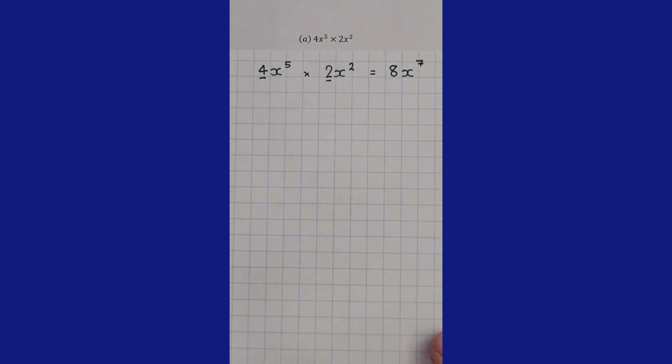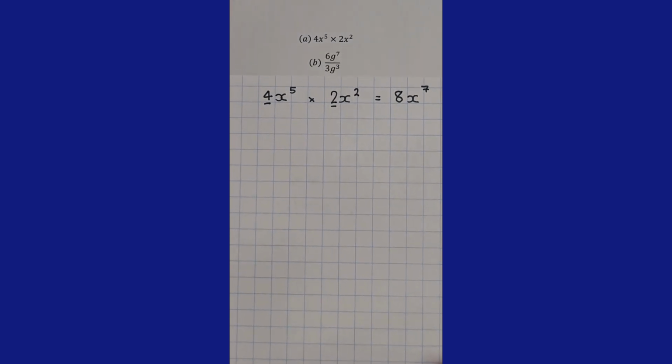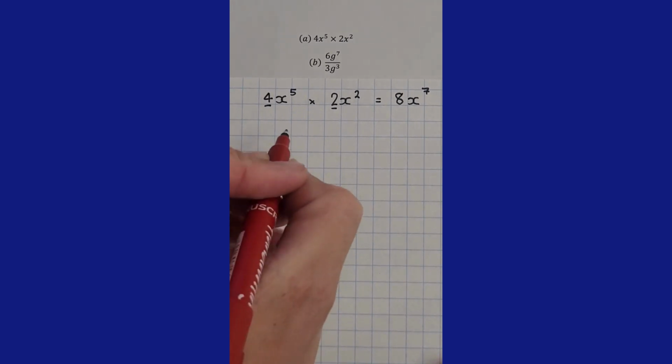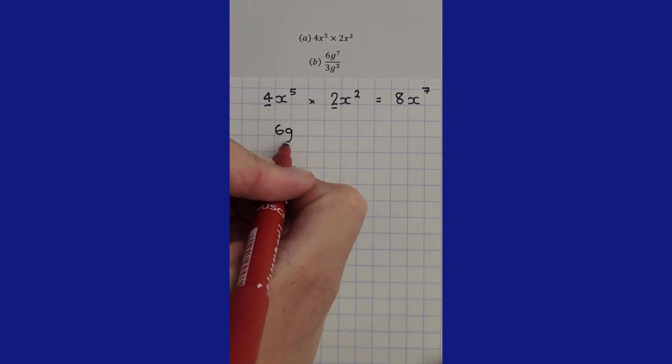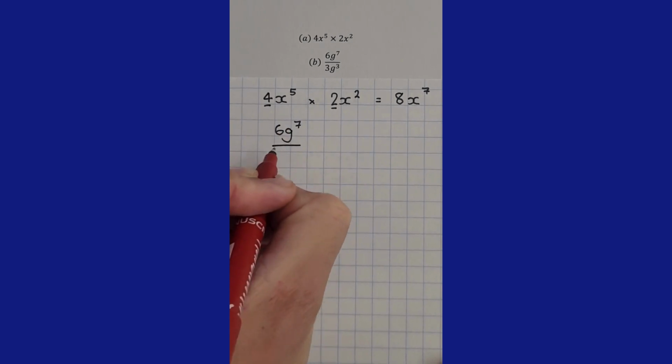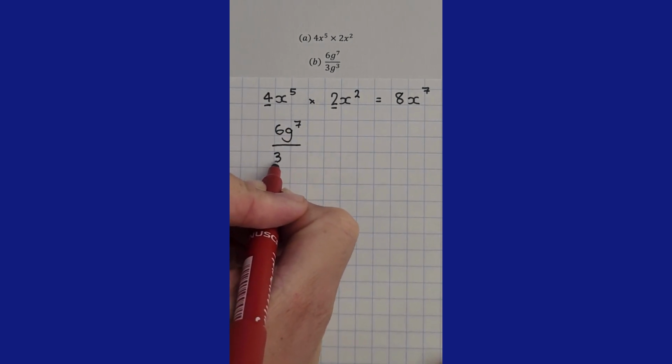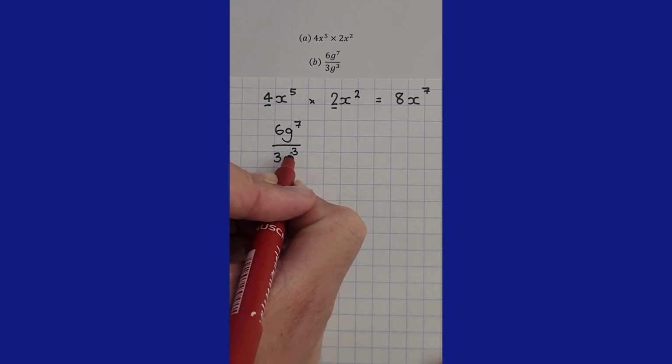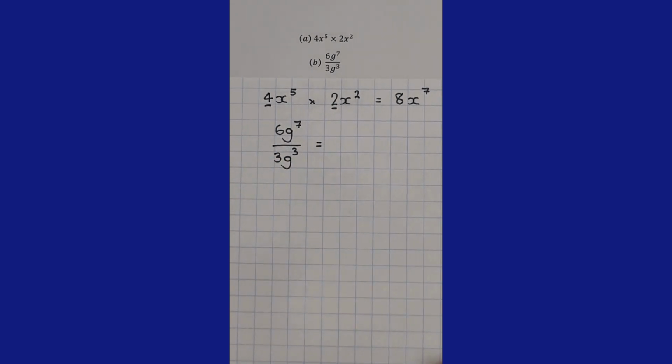So in effect, we just deal with those almost as two separate areas. We do the numbers first, and then we add the powers. Let's explore a little bit further with a fraction, which again, as we've mentioned before, is the same as division. So I've got 6 lots of g to the power of 7, and we're going to divide that by 3 lots of g cubed. Well, similar to before, what's 6 divided by 3?